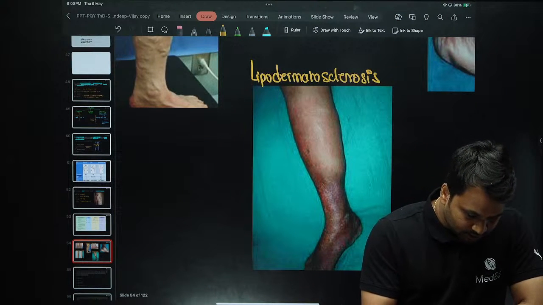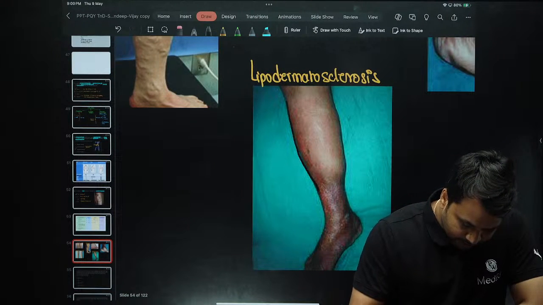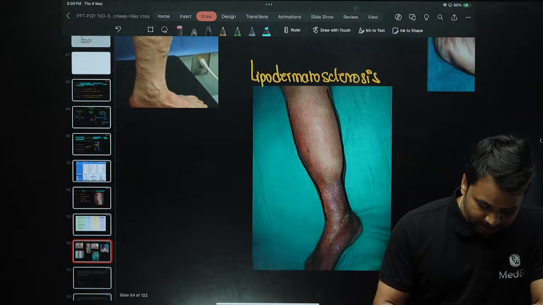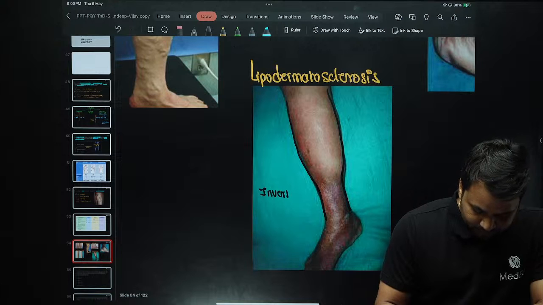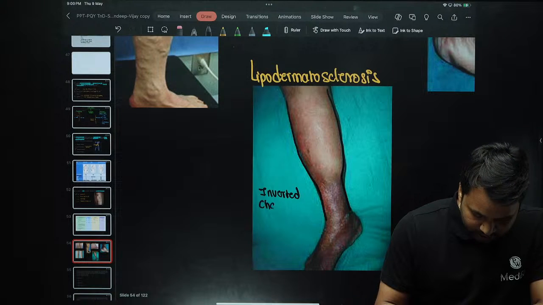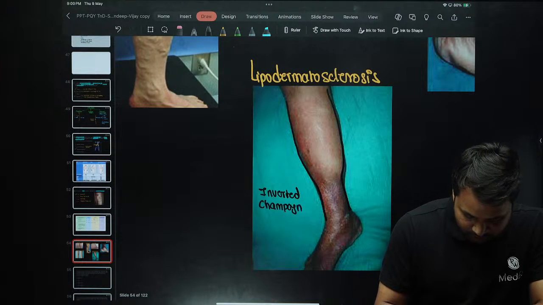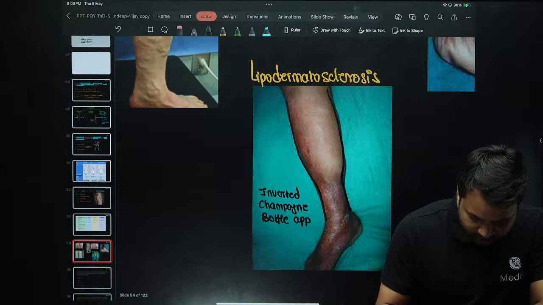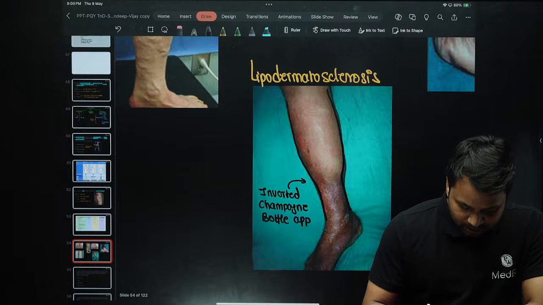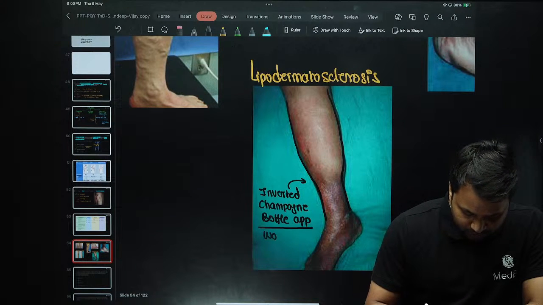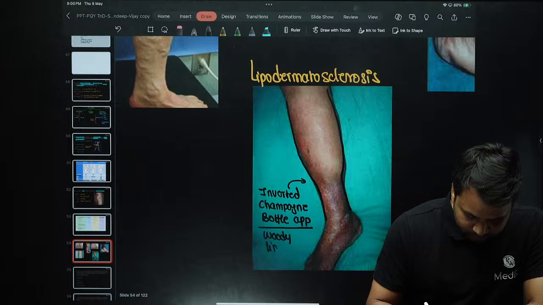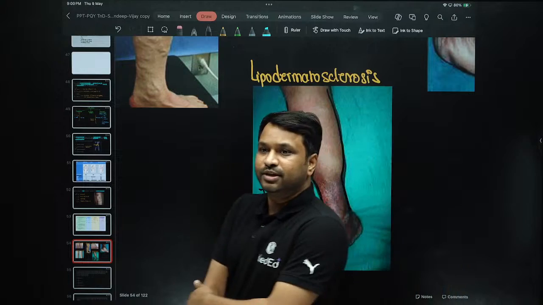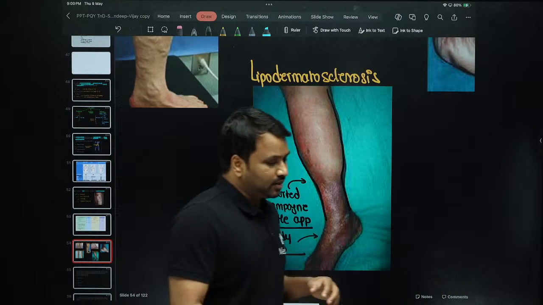You can see nicely the limb is present and sudden narrowing is noticed, and this is what we call the inverted champagne bottle appearance. This is also referred to as the woody limb.